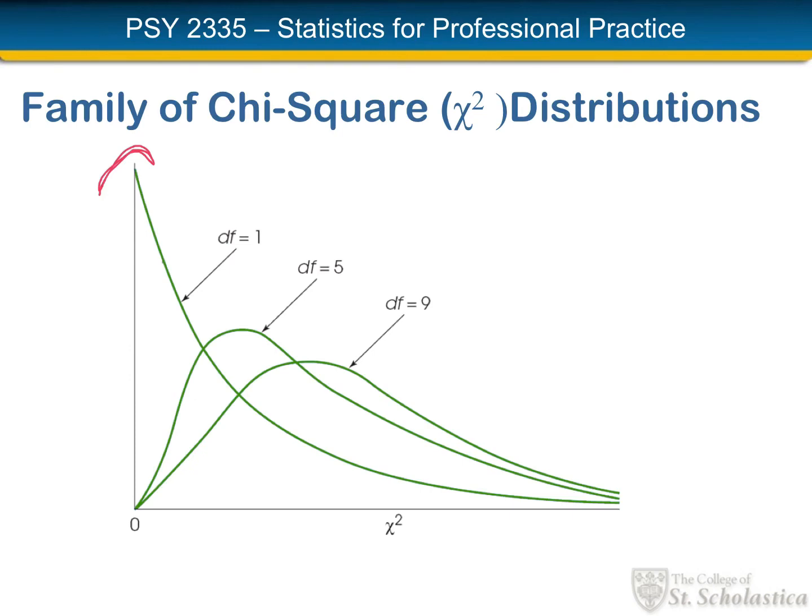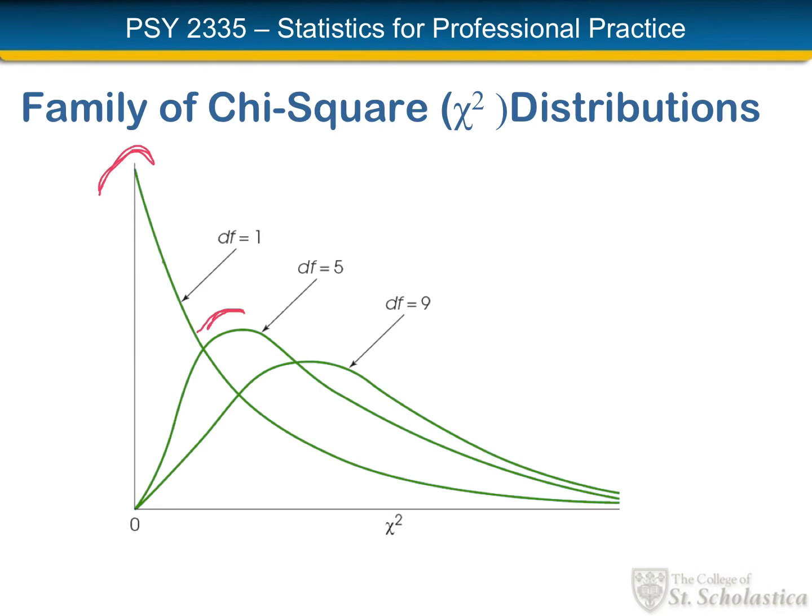As we have 2 or more degrees of freedom, the curve develops a hump, and as we get more and more degrees of freedom, which remember in chi-square does not mean more people directly, it means more categories. In general, you have to have a larger sample size if you're trying to look at the distribution across more categories, but the degrees of freedom are not measuring the number of people directly.